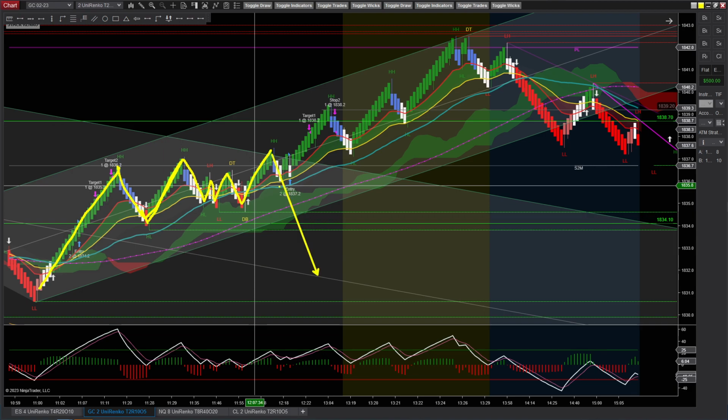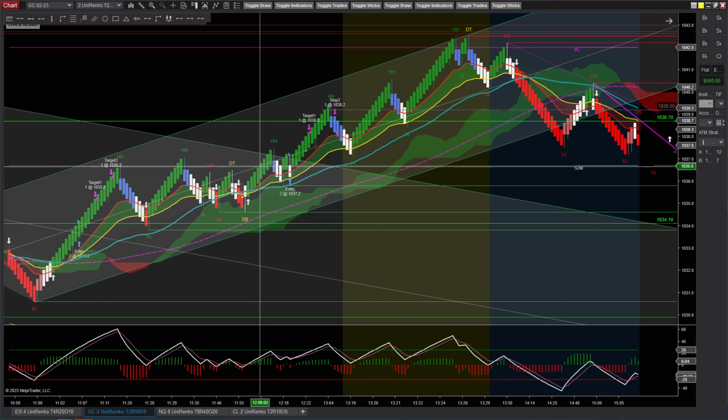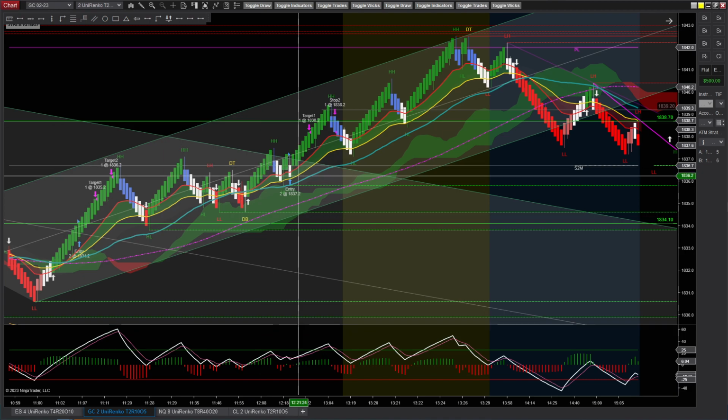That was my rationale, and I would have taken this trade out of the break of this channel potentially, or out of the break of there, right? Well, the market didn't do that. It came back down, came back up, and then down, and made this formation here, and gave us a wick out of the 34.